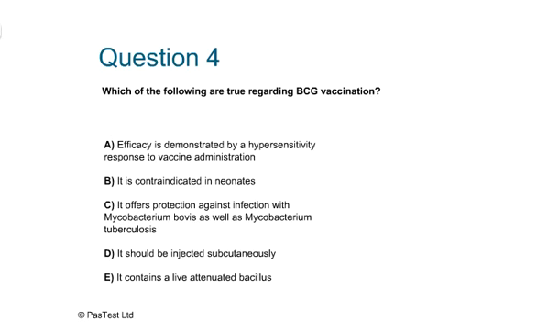The Mantoux test results in hypersensitivity responses. BCG, which stands for Bacillus of Calmette and Guerin, is a vaccine against tuberculosis that is prepared from a strain of the attenuated live bovine tuberculosis bacillus, Mycobacterium bovis.